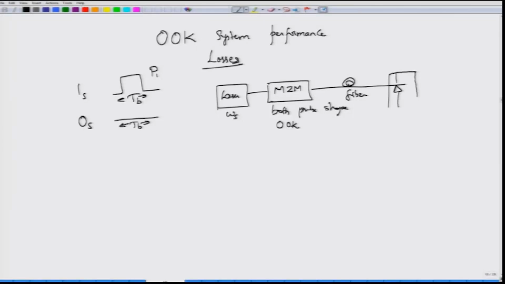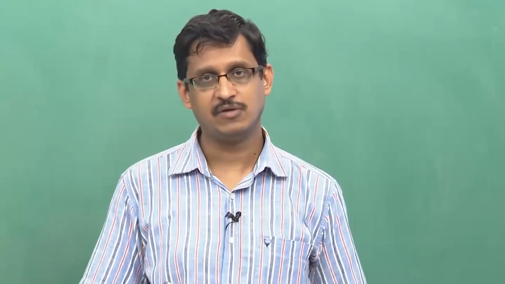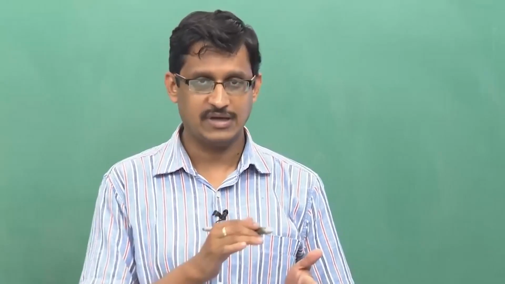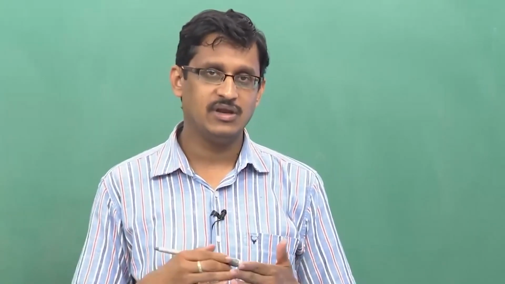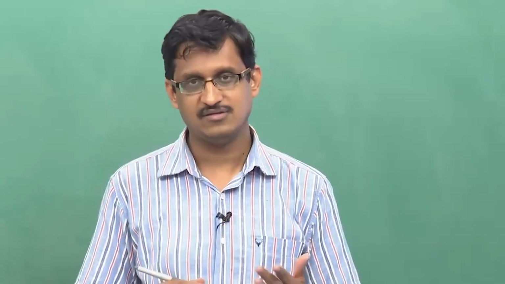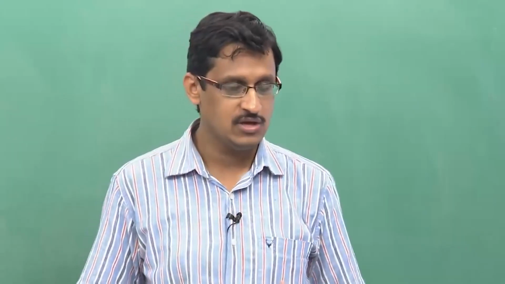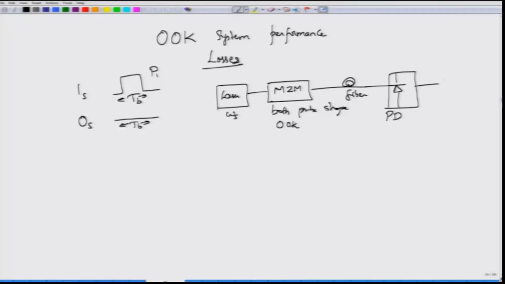Okay. The photodetector circuit is very simple. You just have a photodetector followed by either a load resistor in order to convert the current into voltage, or you can have a transimpedance amplifier which will convert this current into voltage in a very nice manner, in the sense that it will not load the circuit. Okay. So, you have a photodetector followed by a threshold device.